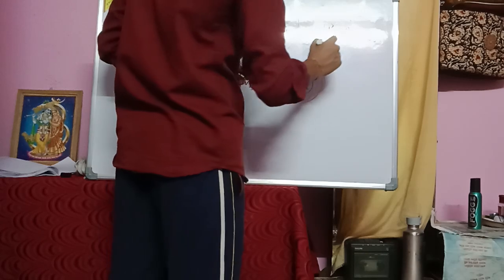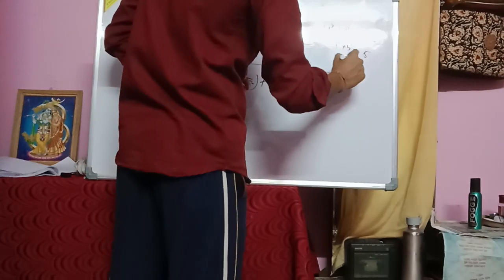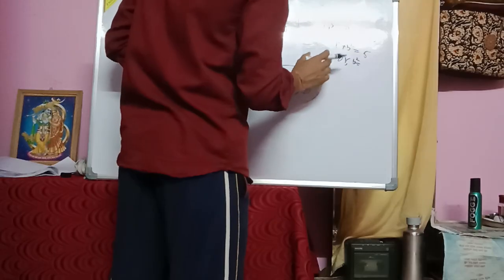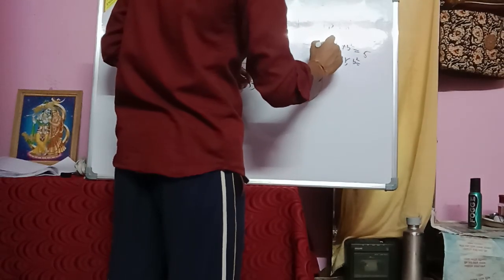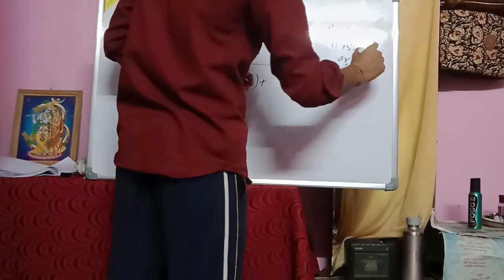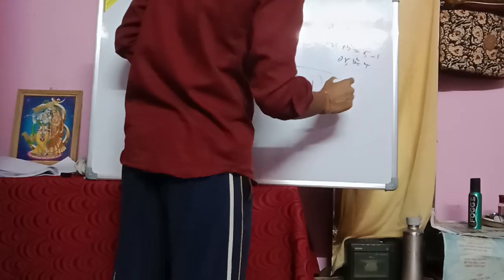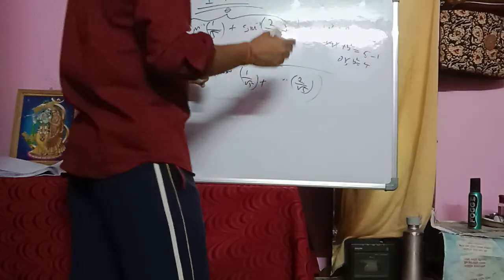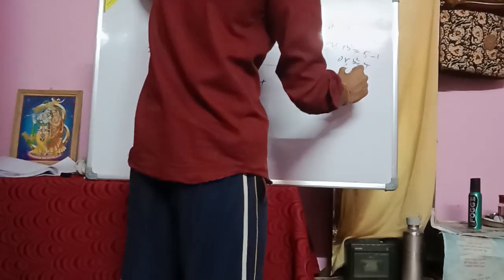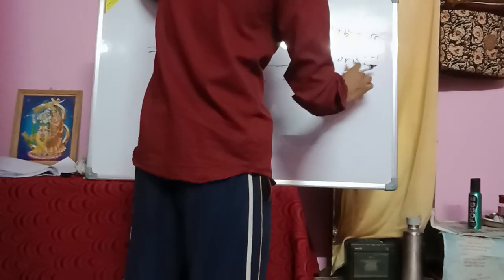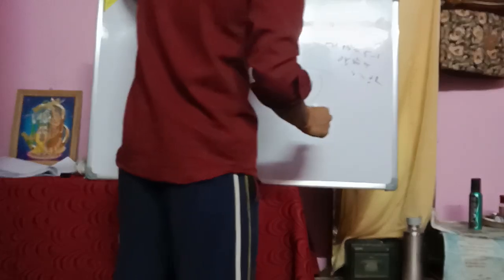Taking squares of both sides, you would have 1 square plus b square equals 5, or b square equals 5 minus 1, which is 4. Then taking roots of both sides, b would be root over 4, that is plus minus 2.